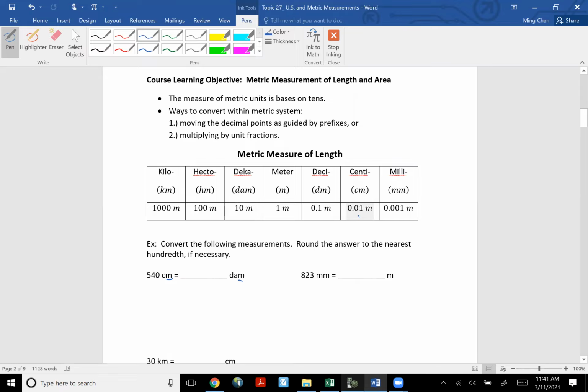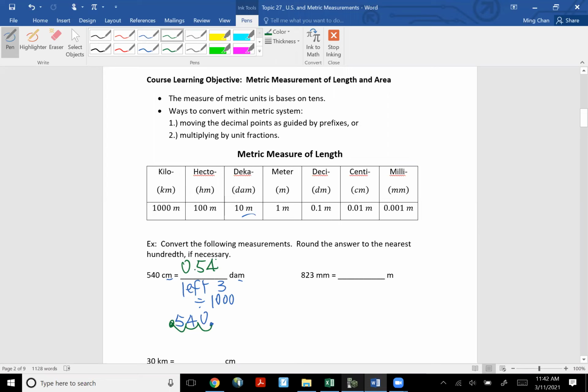So to go from centi to deca, there are 1, 2, 3 places to the left. We talked about this when we introduced the power of tens in division. Moving the decimal to the left 3 places is the equivalent of dividing by 1,000. So with my 540 centimeters, the decimal is behind the zero. Move the decimal 3 places to the left: 1, 2, 3. Put the decimal in front of the 5. My answer, 0.54 decameters.